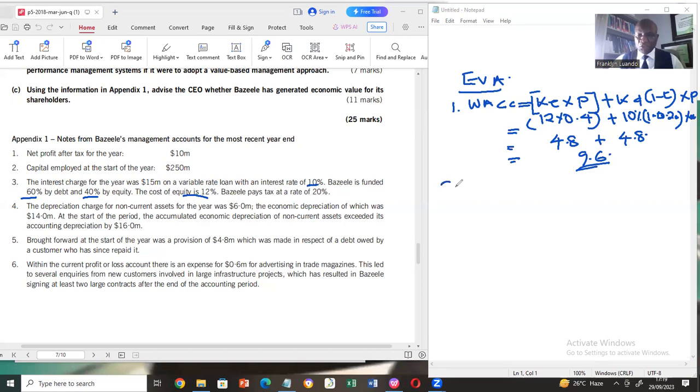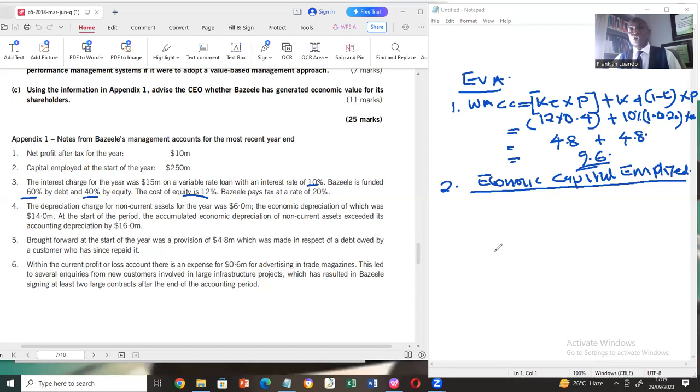Number two, we need to calculate the economic capital employed. Now I want you to understand properly.